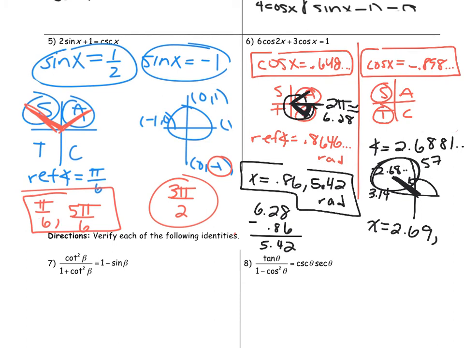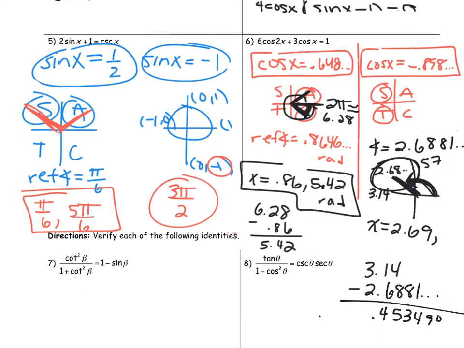Now, I want the reference angle. So I know this angle from here to here is 2.68. If I subtract that from 3.14, really 3.14159, because we're looking at pi, I subtract that from my 2.6881, blah, blah, blah, and I end up getting 0.45349.